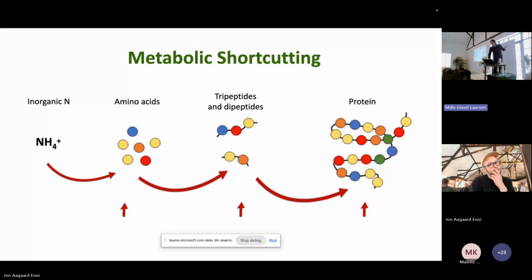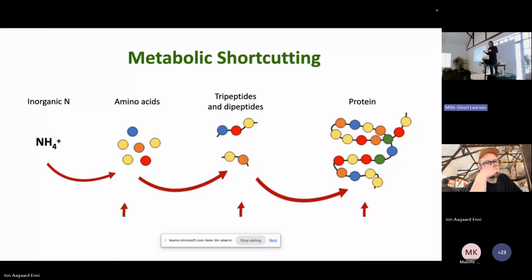So it just opens up this point to say, well, what if we just started feeding plants those organic forms? What if we just started feeding them instead of the inorganic forms? What if we fed the plants amino acids and peptides as the dominant source of nitrogen? And then it's really easy for the plant to finish using those.